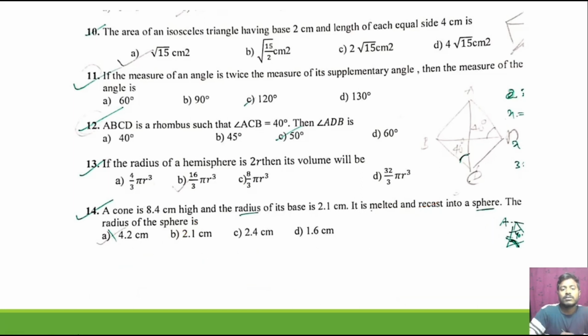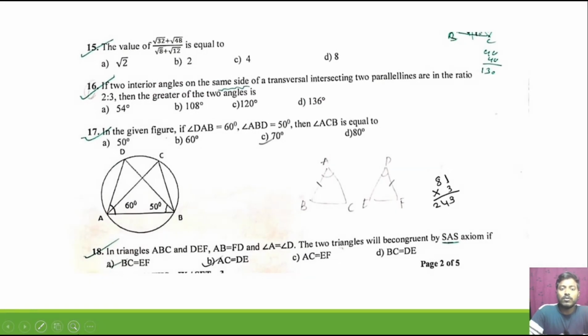Okay. Next question. The value of this is an important question. 32 we can write as 4 into 8, yes or no? And 48 we can write as 4 into 12, divided by 8 plus root 12. Now we can solve.